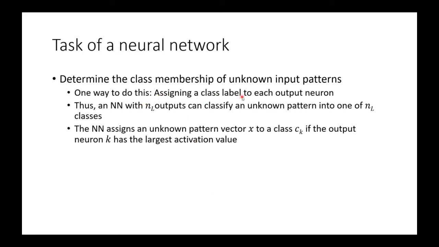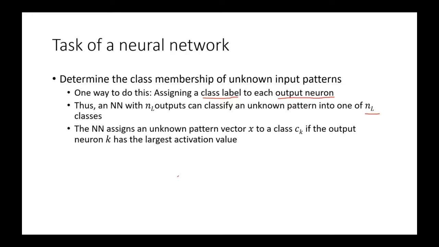One way to do this is to assign a class label to each output neuron, so each output neuron will represent a class label. Thus, a neural network with N_L outputs can classify an unknown pattern into one of N_L classes.